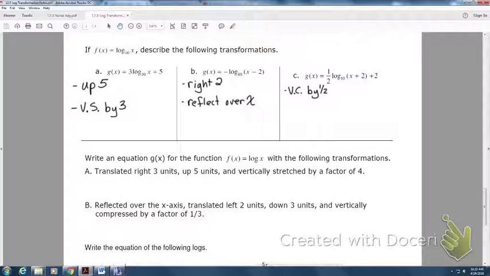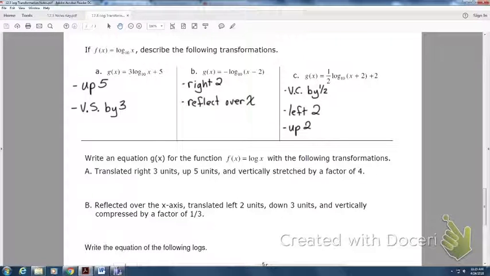Maddie. Left 2. Erica. Up 2. Yes. Whenever it vertically compresses, why don't we ever do the reciprocal? That's the horizontal compression stretch. You won't have to on this stuff.